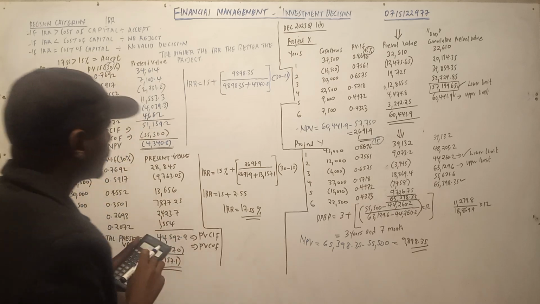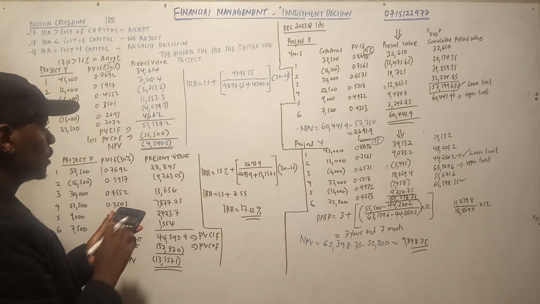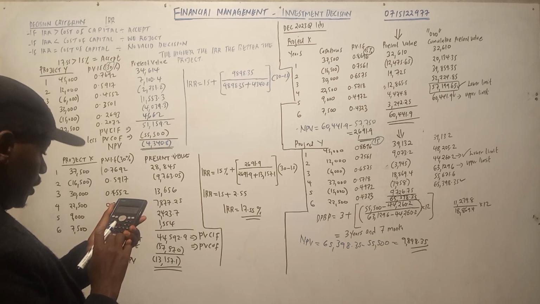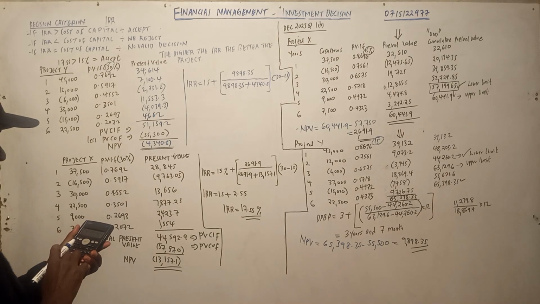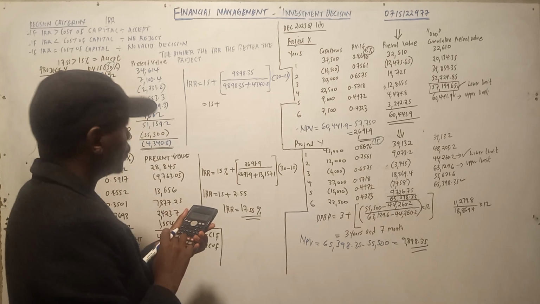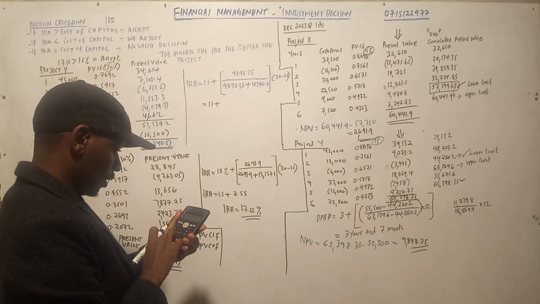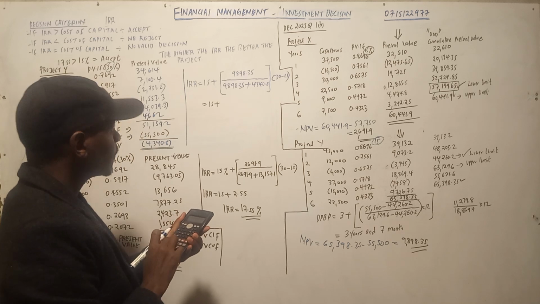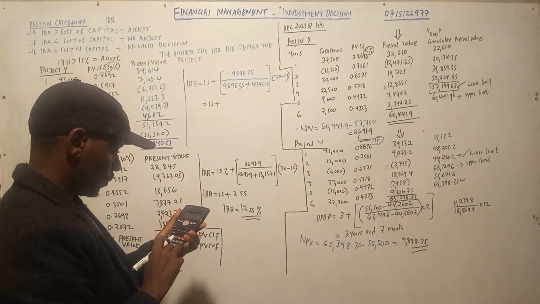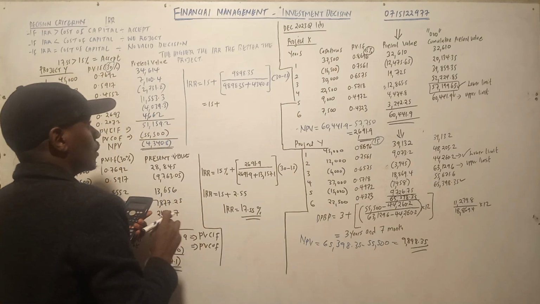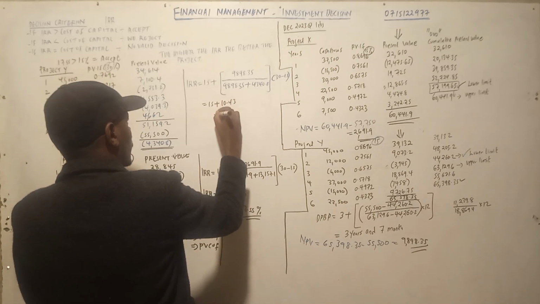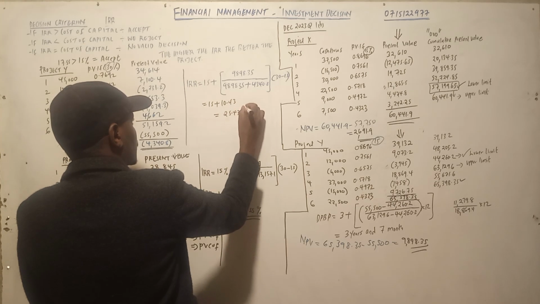So let us see now. We say it will be 15 plus 98.35 divided by 98.35 plus 4340.8, times 15, which gives us 10.43. This means the rate is 25.43%.